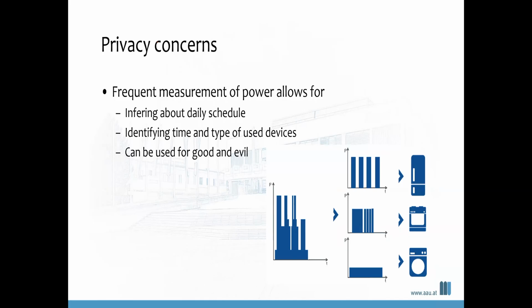When you come back again, or if you stay at home and do the cooking, it's also visible. So we can see probably the daily behavior of multiple people living in a household just from the energy consumption. So this is something that we don't want to give out of hand. This is definitely one thing, but it can be used for good and evil.